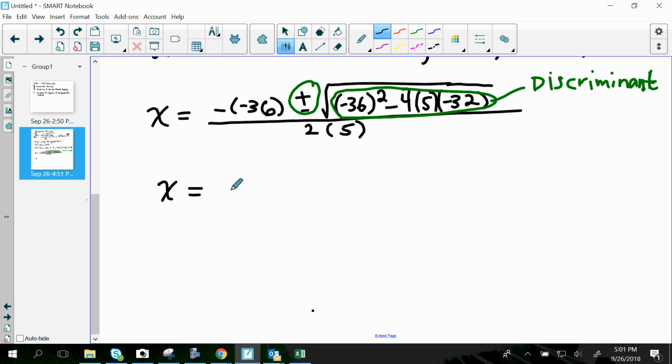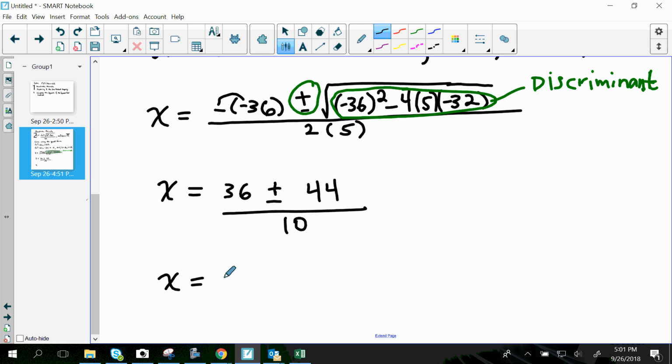X equals, we'll simplify this to be positive 36. Negative times a negative is a positive. Then we have the plus minus. Then under this discriminant, well actually I already simplified everything and got it to be 44 because we took the square root of the discriminant already, over 10.